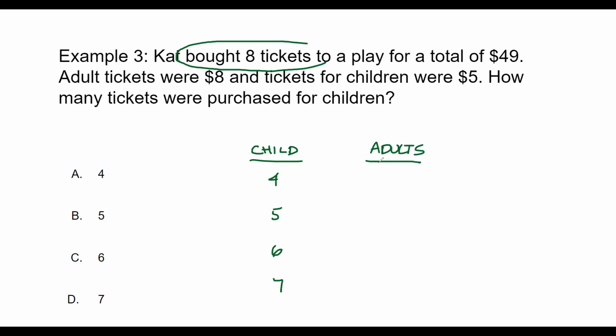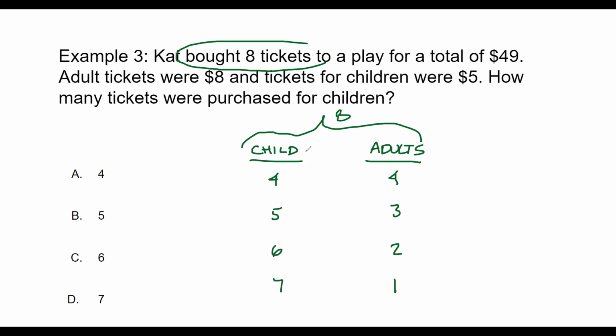So now we're going to do our adult tickets, and we know that there were a total of 8. So we're just going to subtract. 8 minus 4 is 4. 8 minus 5 is 3. 8 minus 6 is 2. And 8 minus 7 is 1. Now, unlike the problem with the money, here we have to use the price that we're given for the tickets.